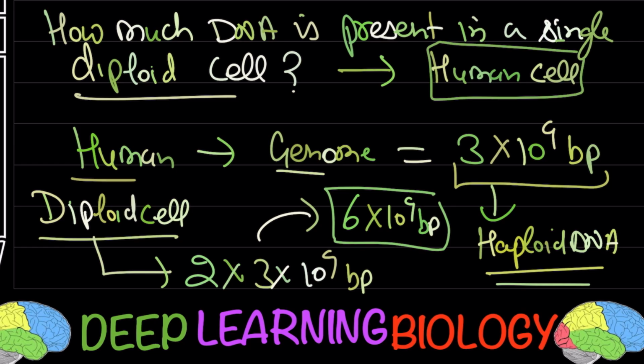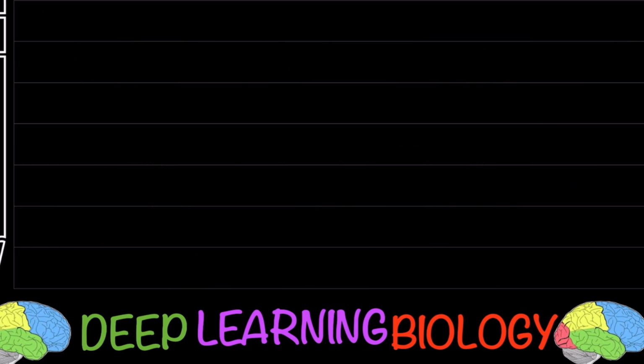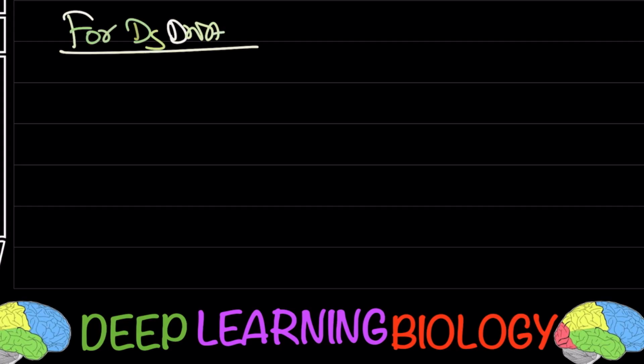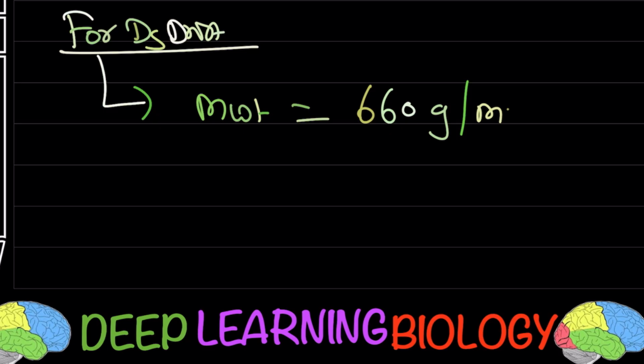Now what is going to be the weight of this DNA? How much is it going to weigh? Yes, you can calculate easily. Just recall, hopefully you remember, for double stranded DNA the molecular weight is 660 gram per mole.